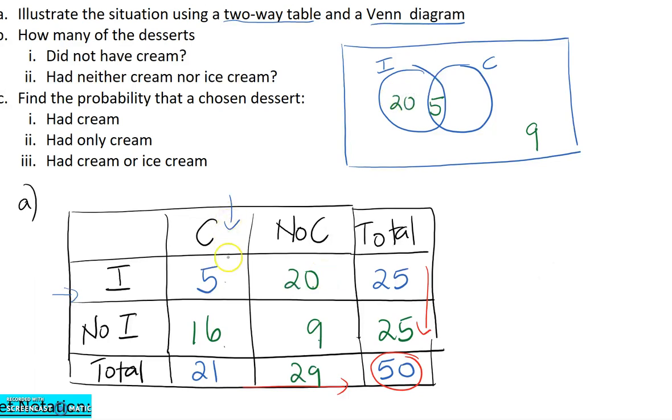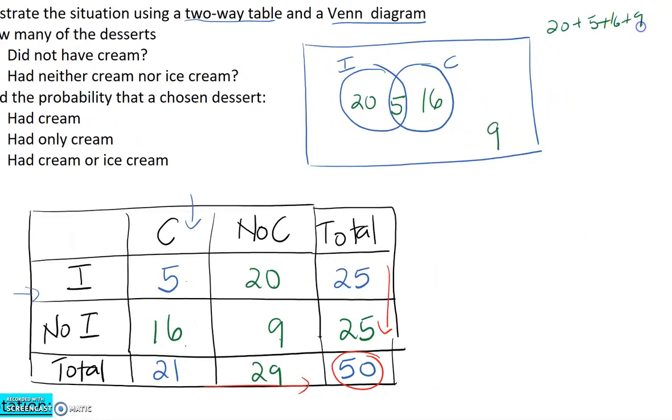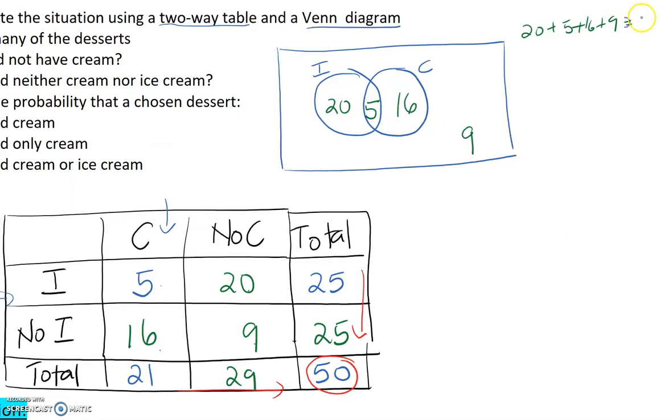And likewise, the number of people who had cream, 5 of them were in the intersection, so 16 will go there. Now, the way to check is if you add all of these numbers, 20 plus 5 plus 16 plus 9, it should give us a total of 50, because 50 people were served.